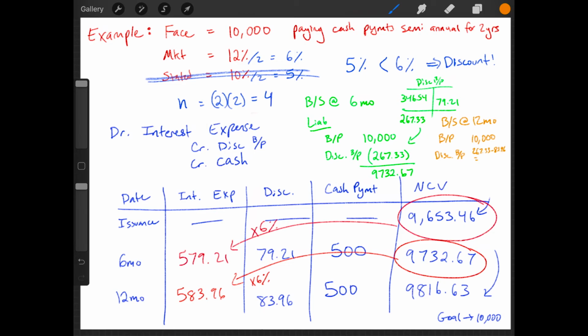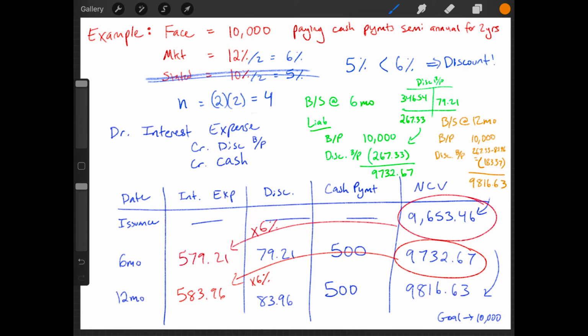You could put this in a T account, I just kind of ran out of room. And so our new balance in our discount on our bond payable is going to equal $183.37. And so on our balance sheet, if we net those together, we would have a net balance of $9,816.63, as we found when we calculated that new net carrying value amount.